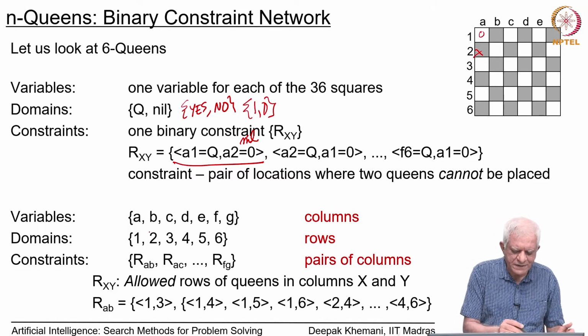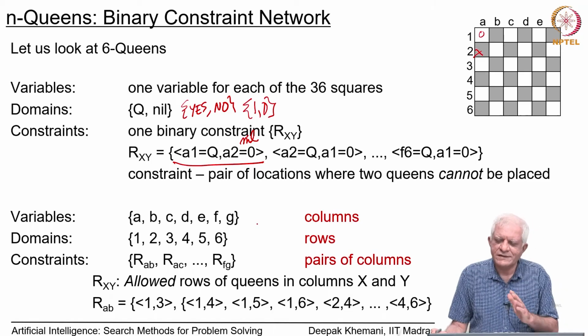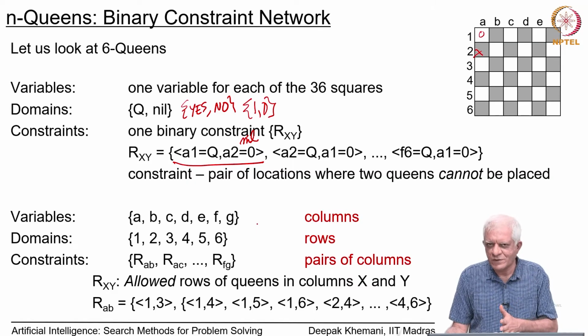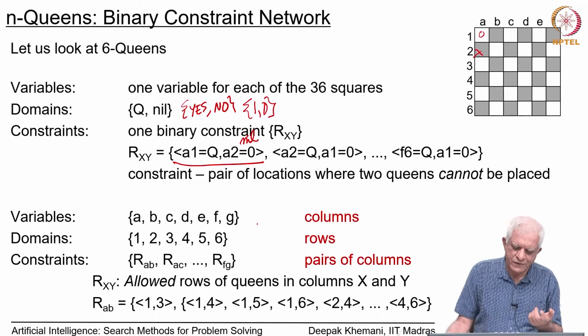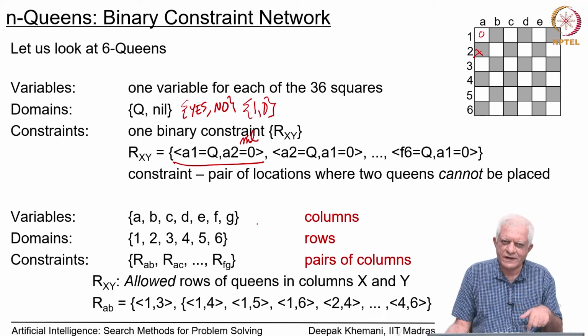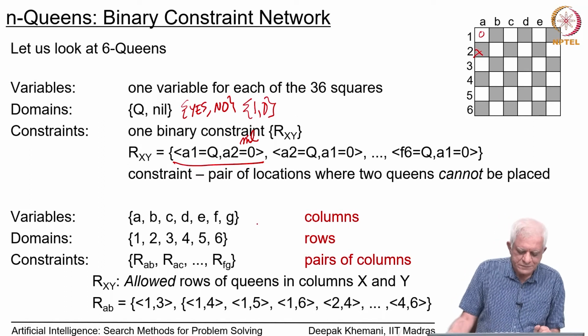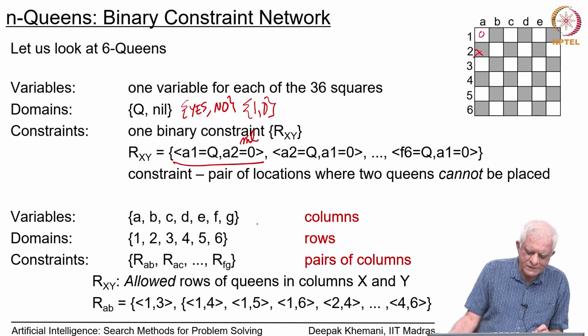When you say that the variables are A, B, C, D, E, you are saying that I will place one queen in every column, one queen in column A, one queen in column B, one queen in column C, and so on. And the value for the variables, which is column names, is the row names, that in this column I will place the queen at this row, and so on.